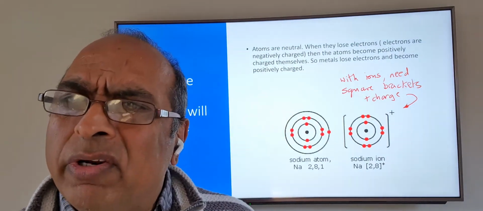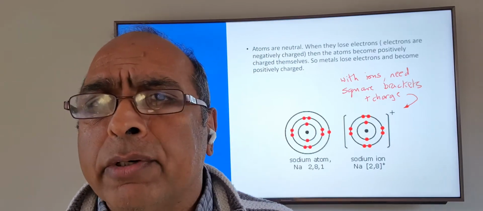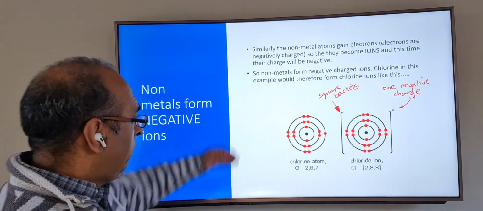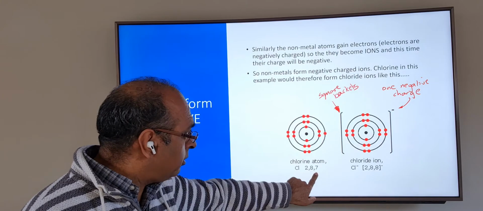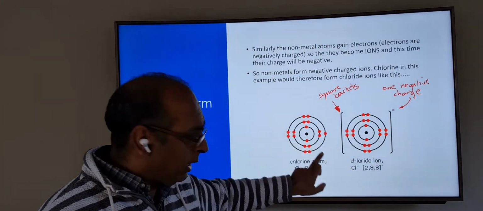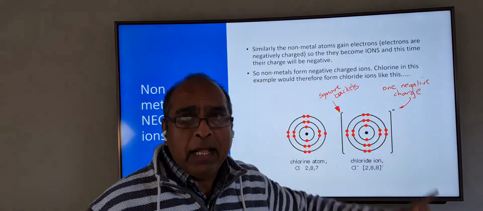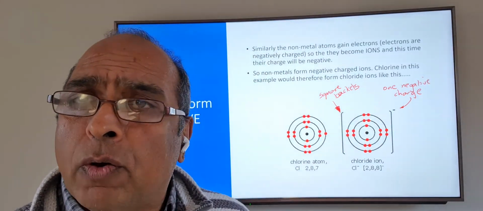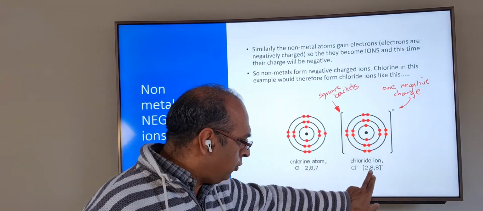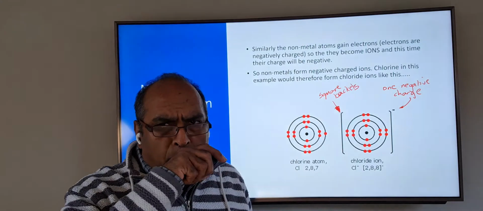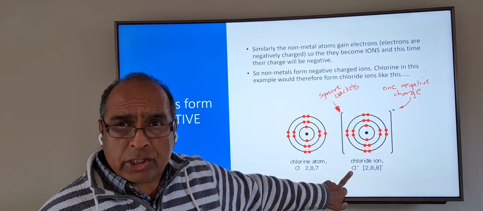What about the chlorine when all this is going on? We knew the sodium loses an electron. Here, the chlorine atom was 2, 8, 7. It's gained another. See that 1 electron there was on its own, and here it's paired up. That's the electron that's come from the sodium. That sodium electron joins it and turns it into 2, 8, 8. The chloride ions are single negative.